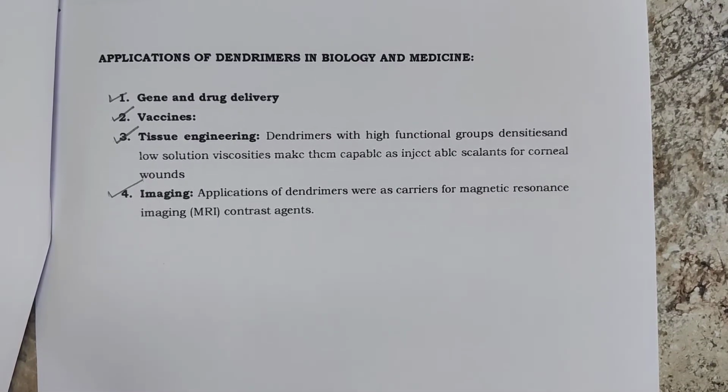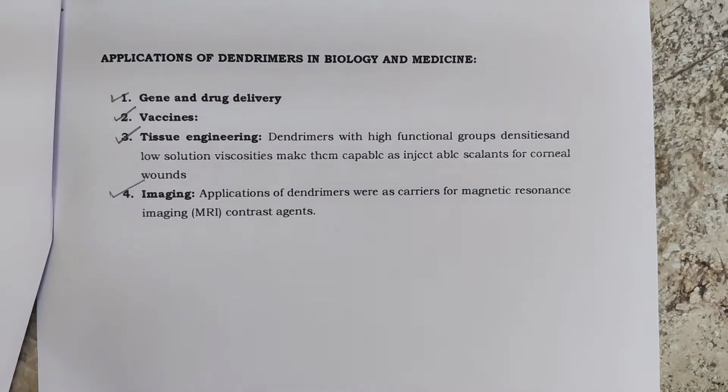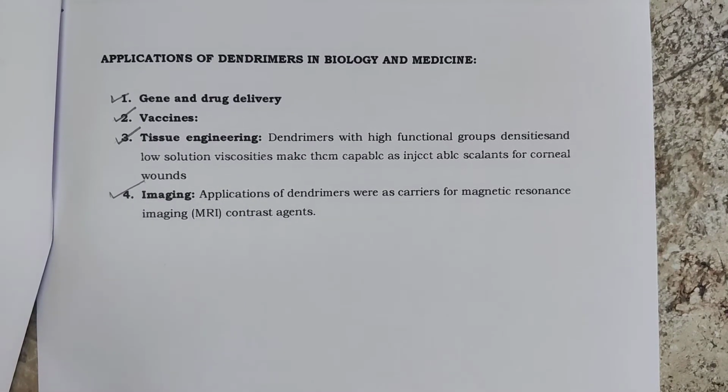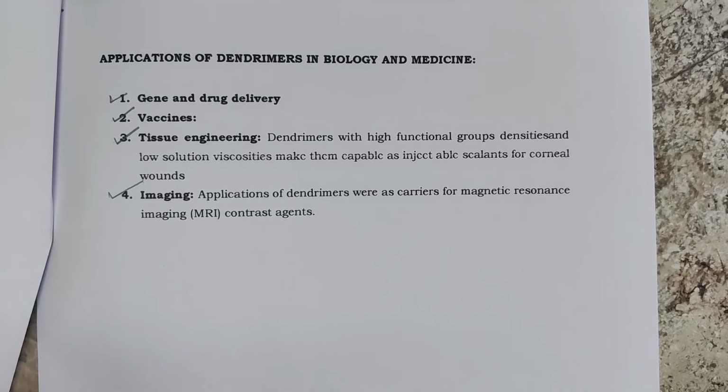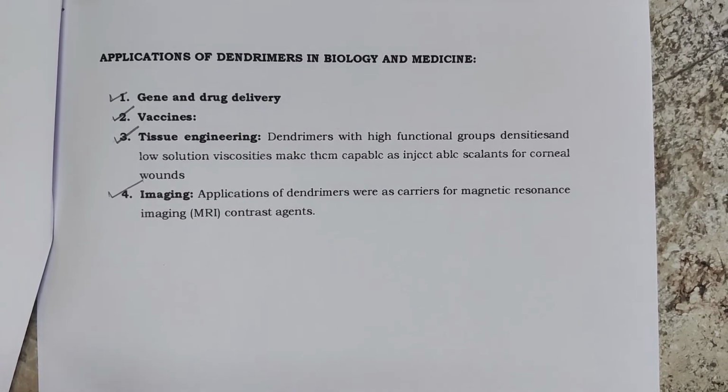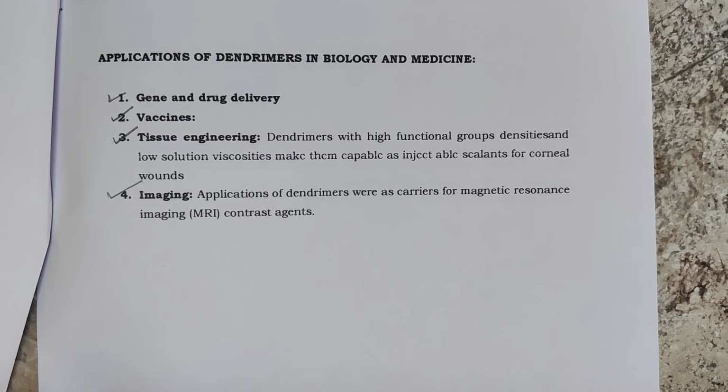Some of the dendrimers that have high density of functional groups and low viscosities can be used as a sealant for filling the cornea wounds. That will make a patch-kind of cover on your wound and help in healing that particular wound.